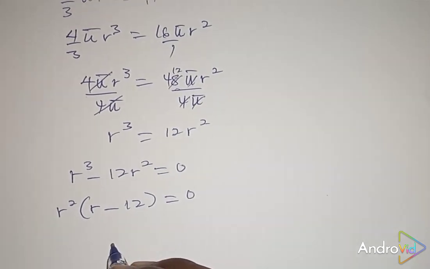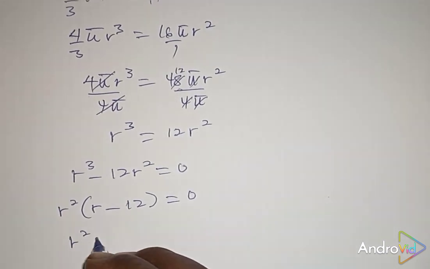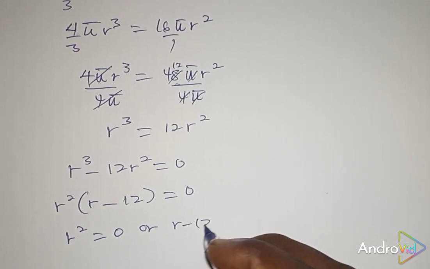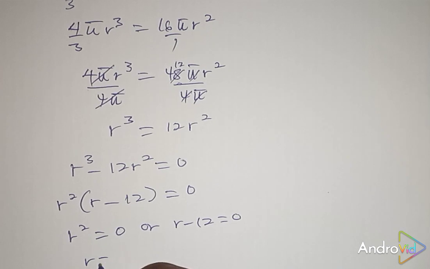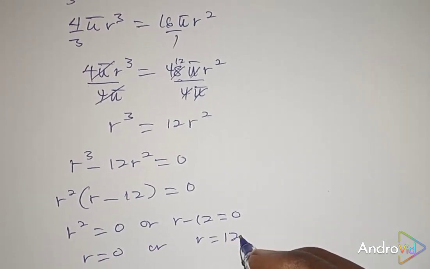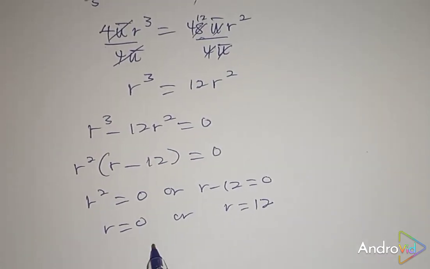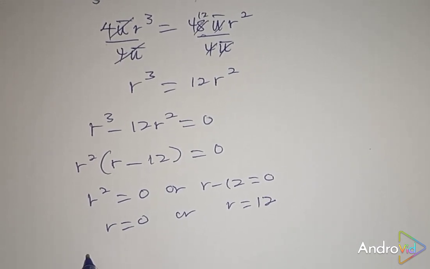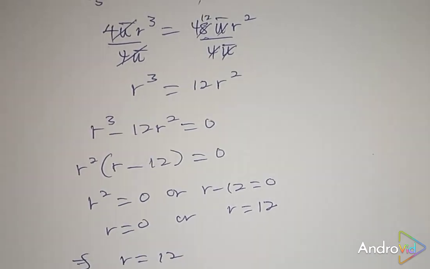Right? Very well. What does this one mean? What this one means is that r squared is equal to 0, or r minus 12 is also equal to 0. So meaning r is equal to 0, or r is equal to positive 12. Alright, but the radius of the sphere cannot be 0, right? So meaning our r is equal to positive 12.